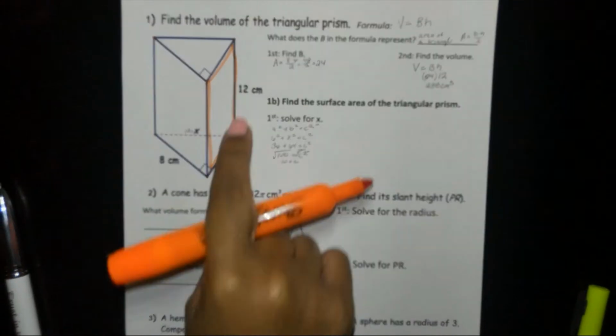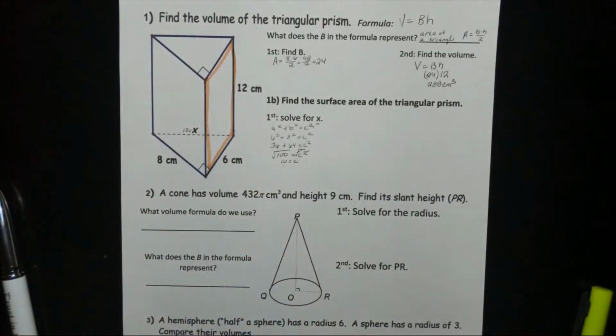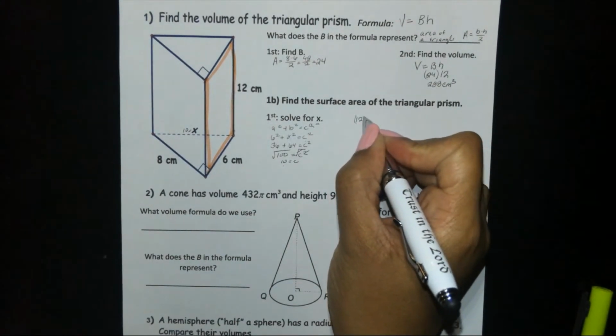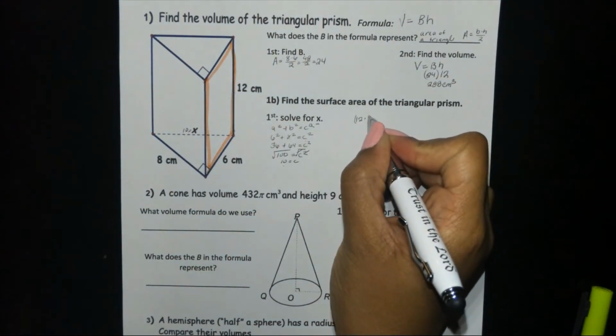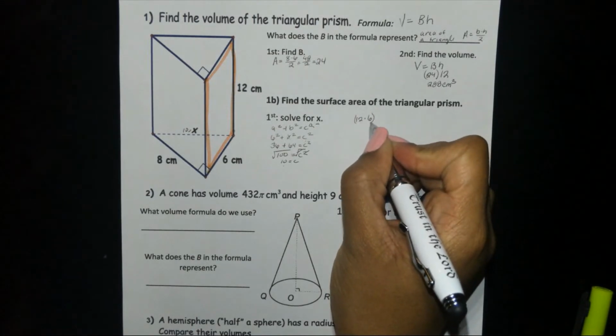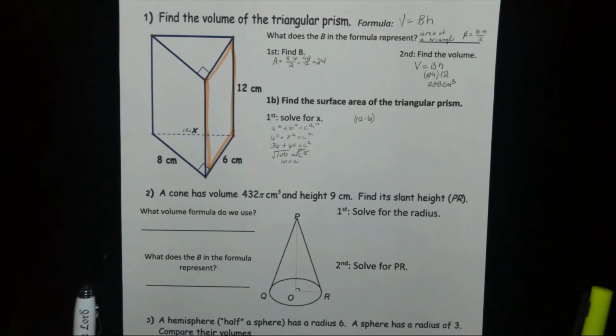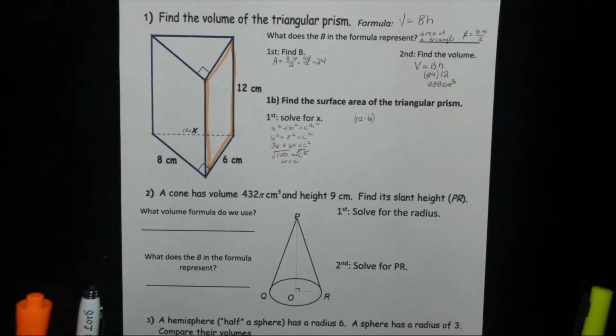Remember, the area of a rectangle is just taking those two and multiplying them together. Okay, so I'm going to write that down: 12 times 6. And that's one side, but that's not the only side I need. I need to also be able to get another side of this.